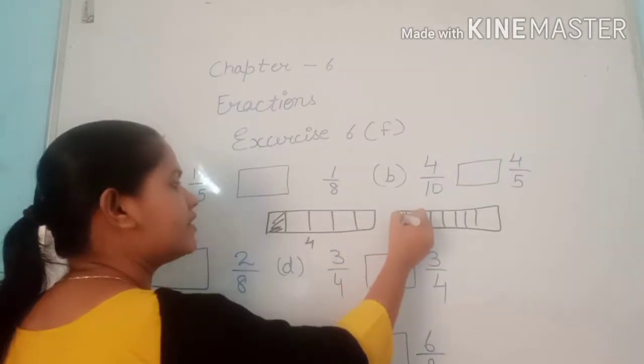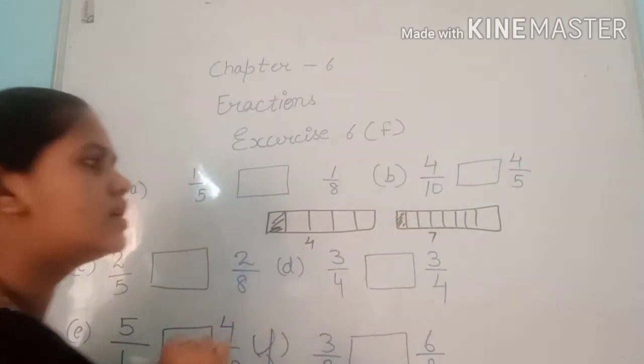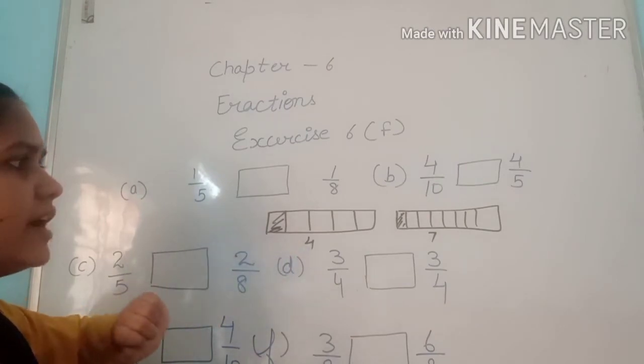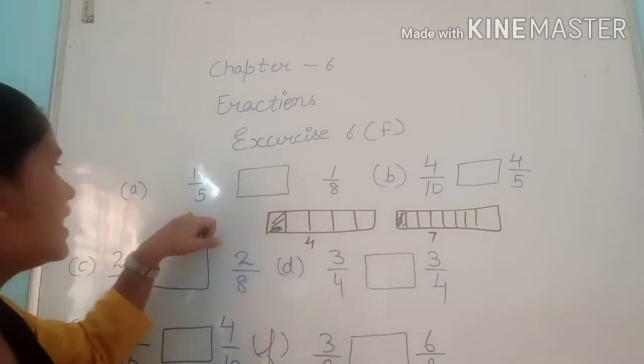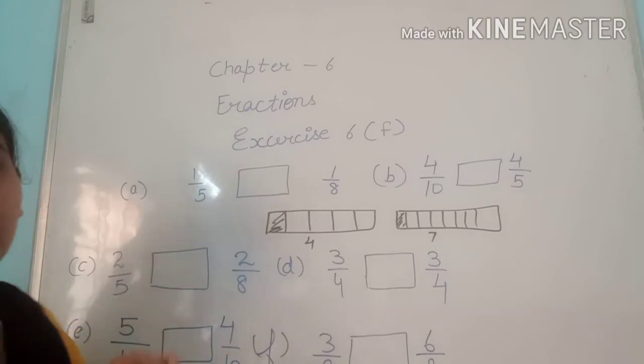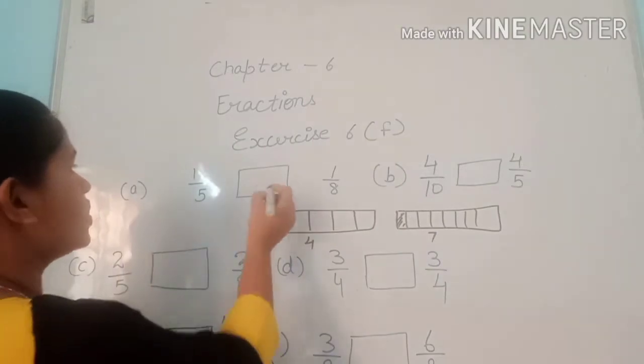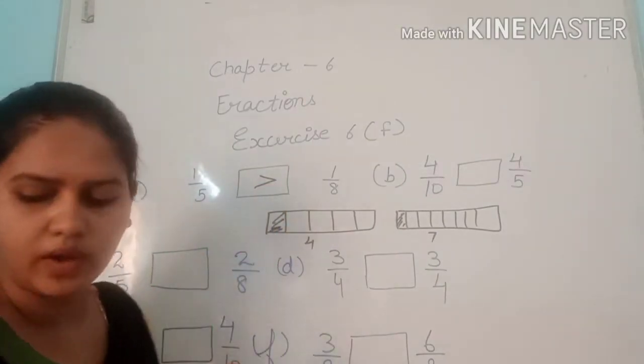How much do we have left here? 7, right? So we can see this one is right, because it fills up more of the space. So the sign goes to 1/5.